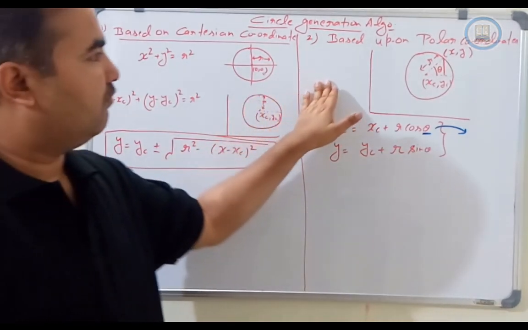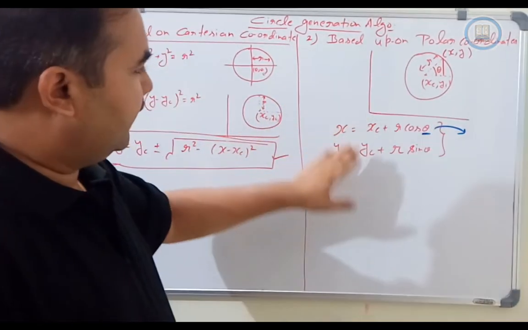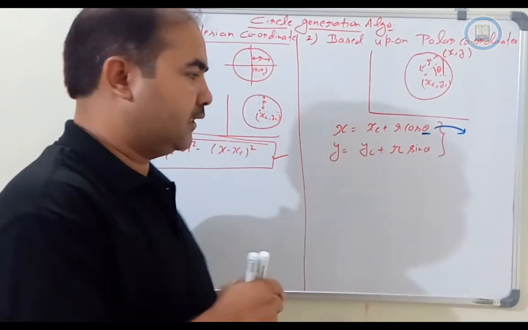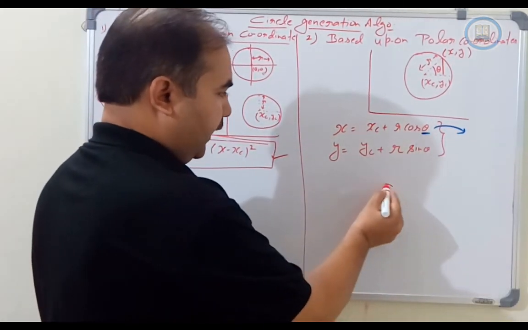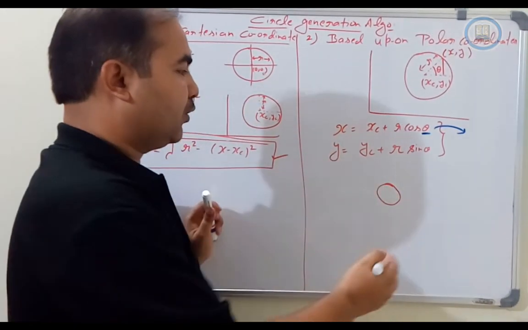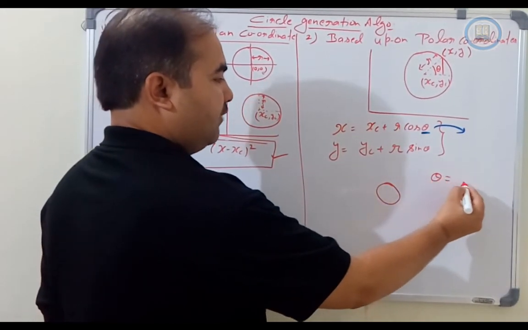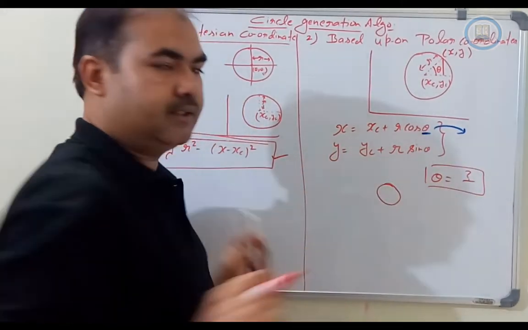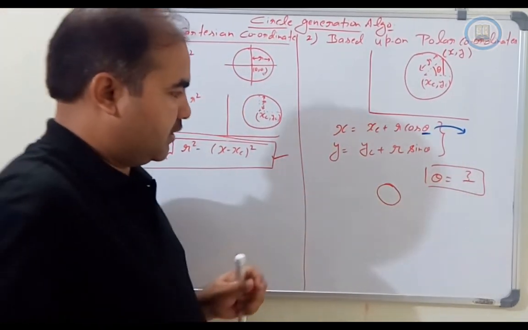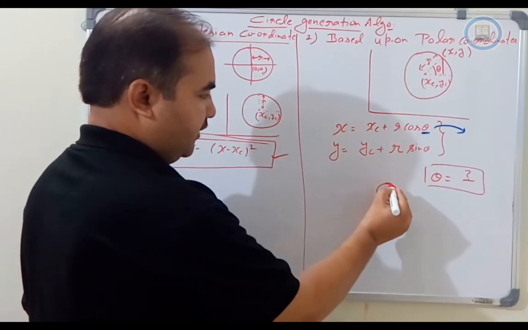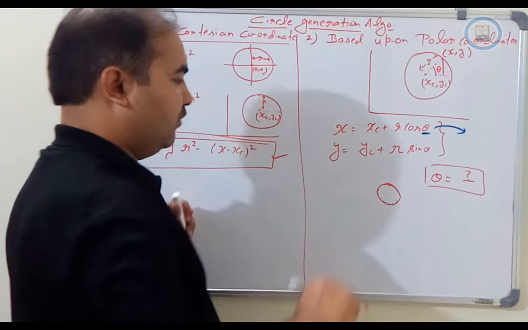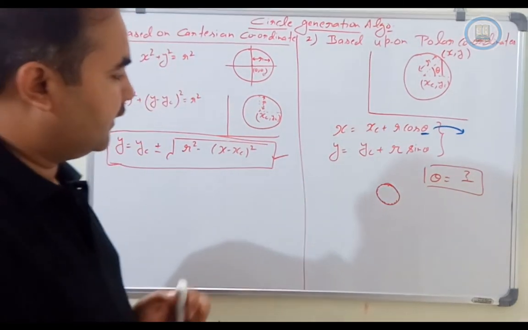For the polar coordinate method, in this coordinate system, suppose your circle size is small and you have some periodic interval of theta, and you have calculated this circle. We have generated the points with the help of this theta on the peripheral or boundary of the circle.